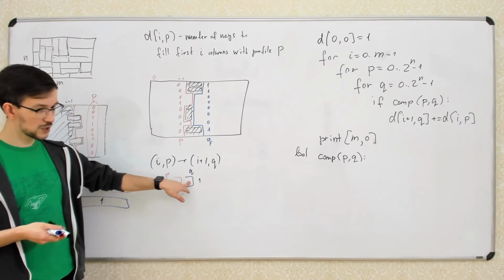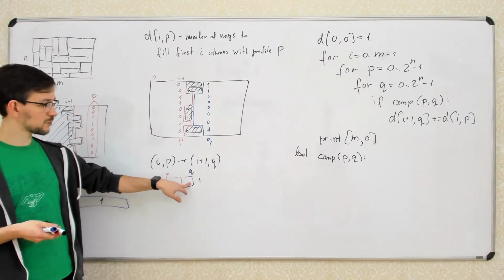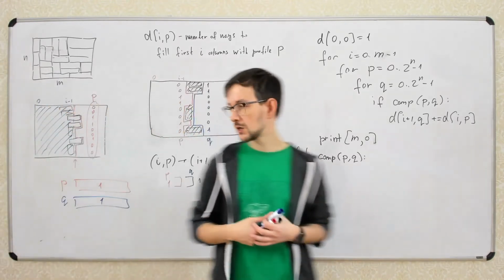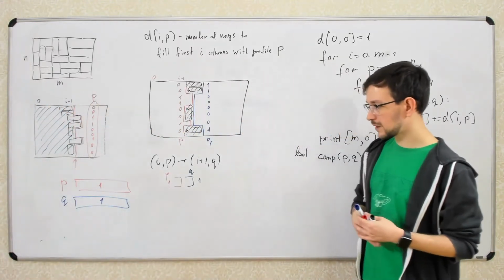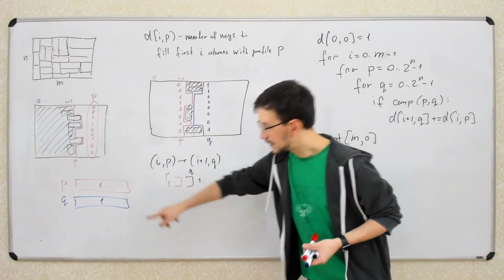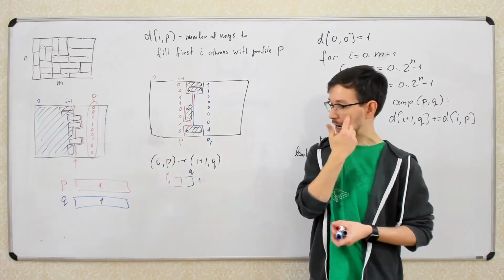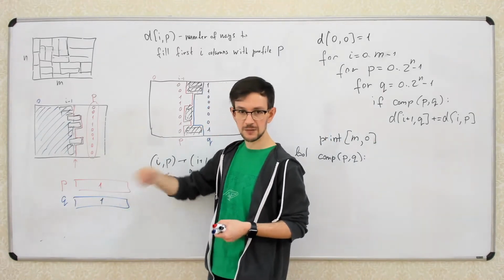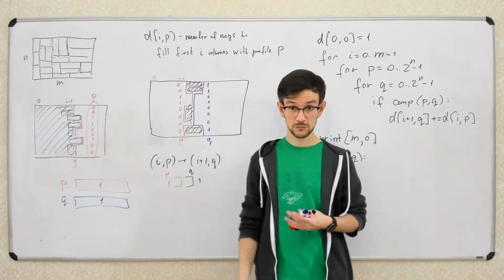We need to place a horizontal tile here, and it's impossible because this square is occupied. So how do we check if two integer numbers have the bit 1 in the same position? Any ideas?